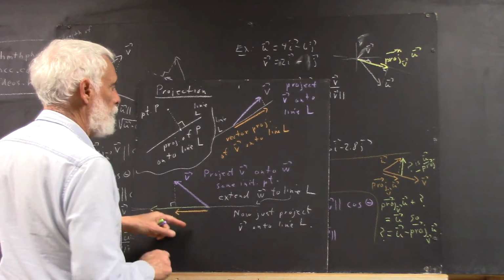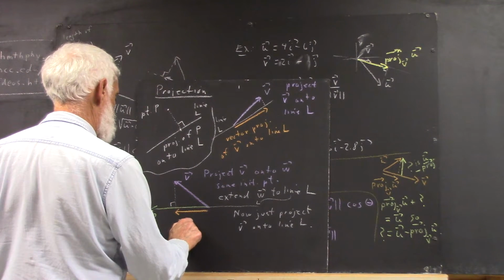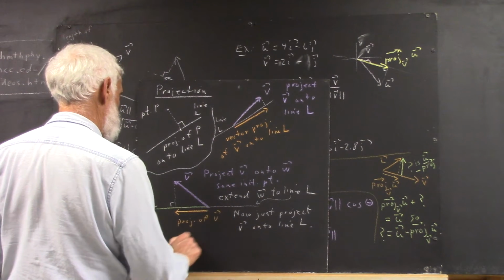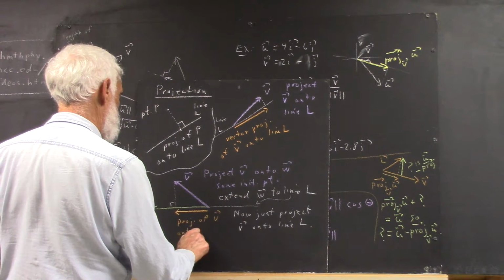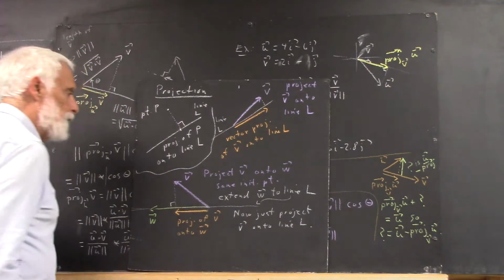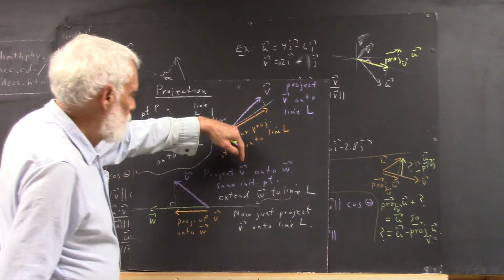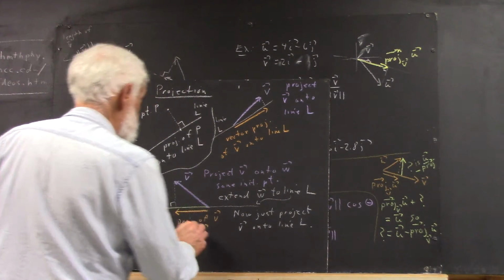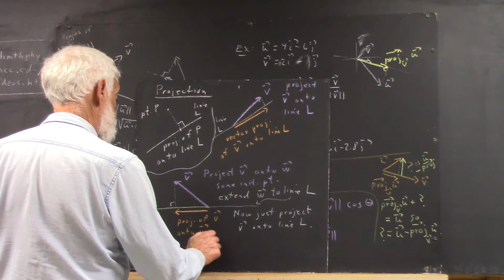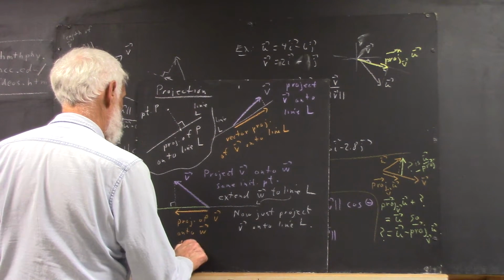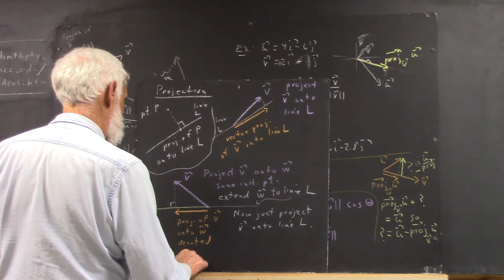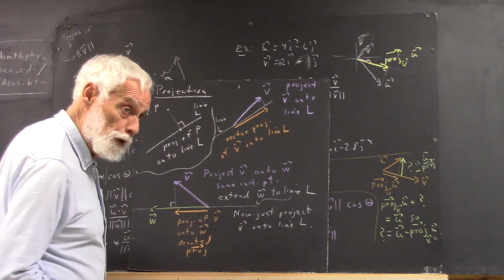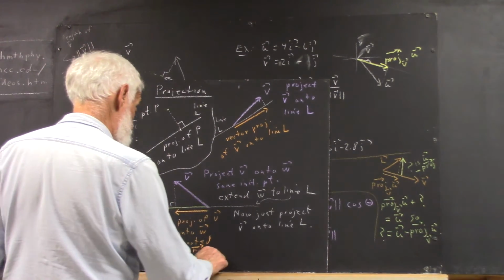This is the projection of V onto line L, but remember, we've defined this to be the projection of V onto the vector W. This is a projection of V onto W, and we denote this by the word projection with an arrow over it, because this is a vector.